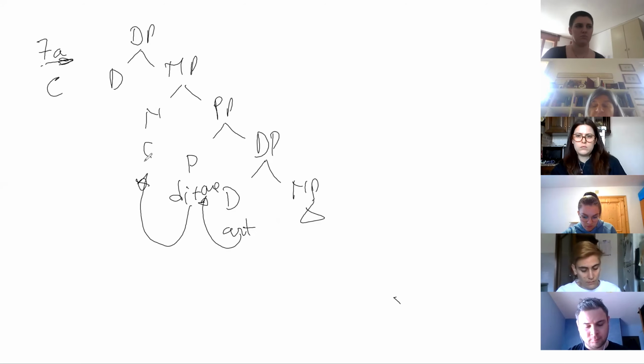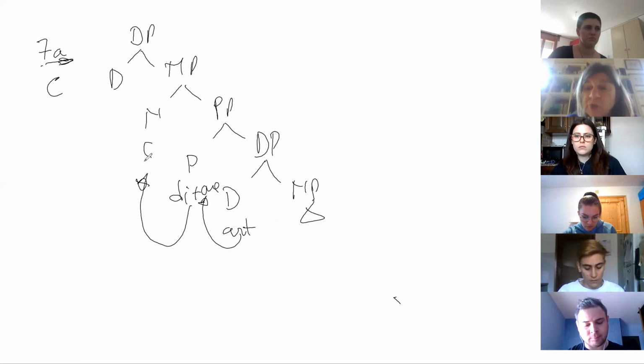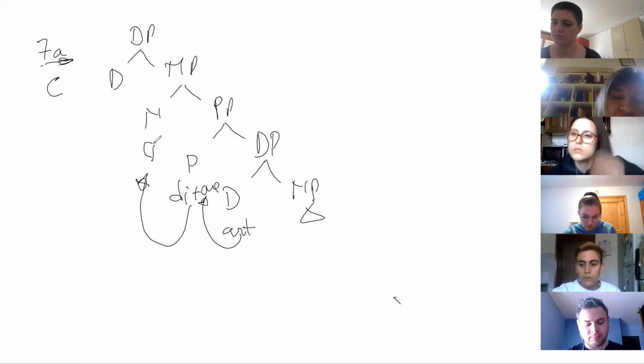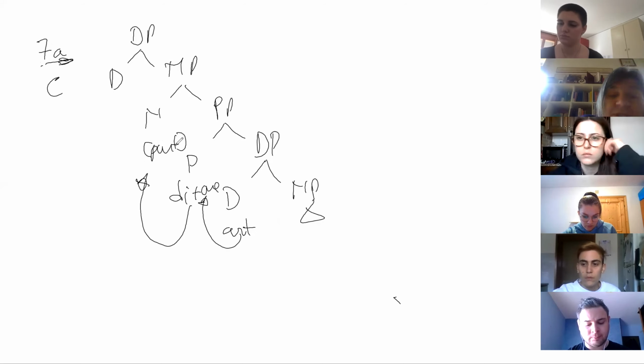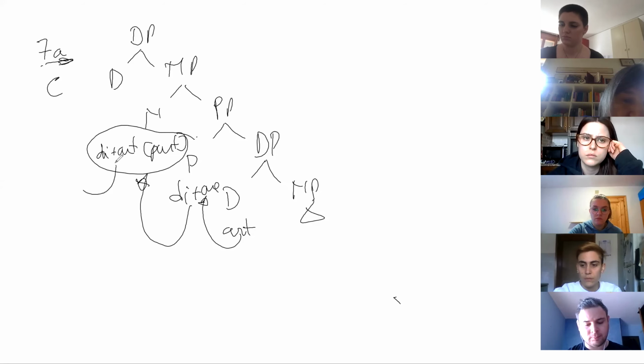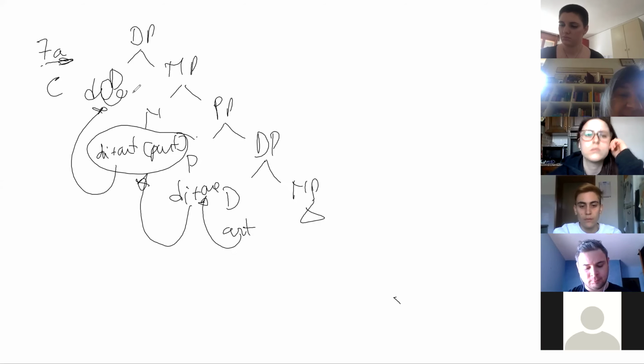So head movement was already an option in '97. It moves to the partitive N, which is silent, so we don't know whether it moves to the left or to the right. It doesn't matter. So we have D plus article here. And then this whole N moves to D, obtaining delle ragazze.